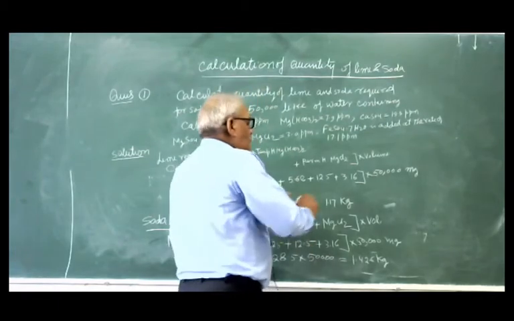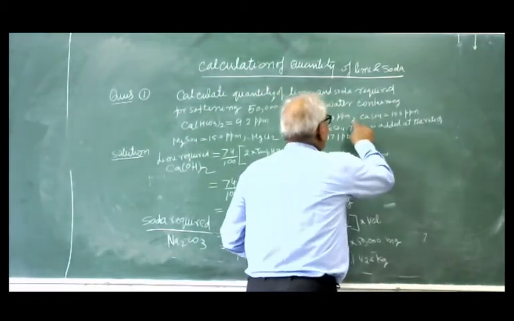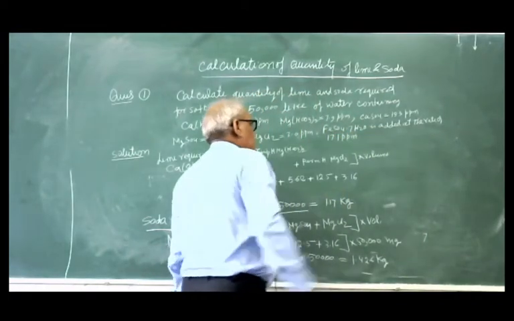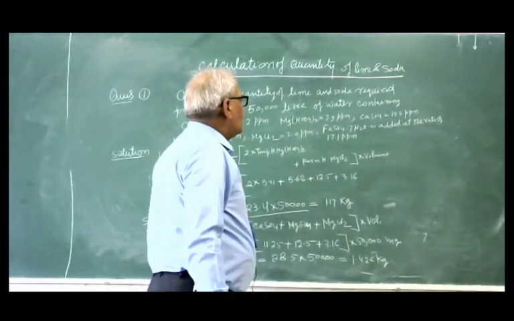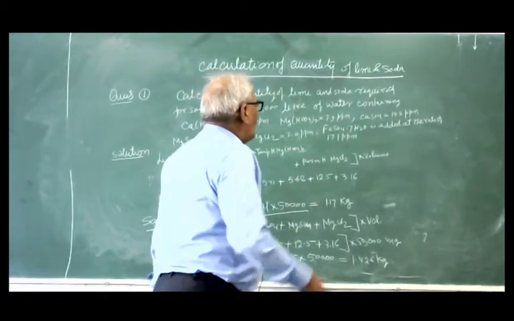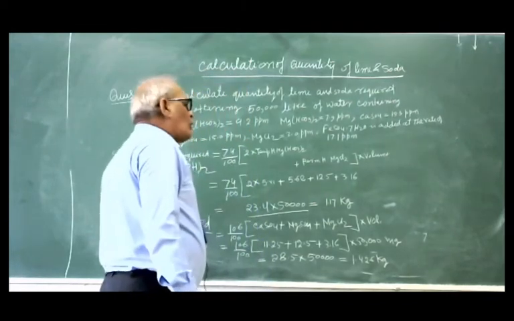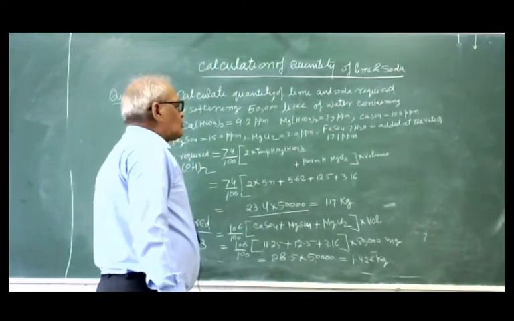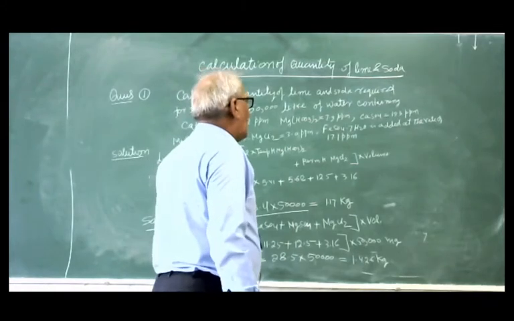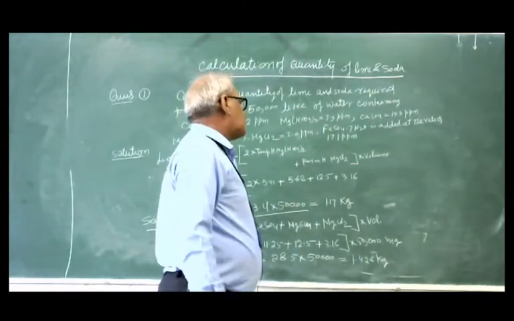Now you have to add hardness due to ferrous sulfate. So here you have to see how to calculate the hardness due to ferrous sulfate. This is the amount, 17.1 ppm.